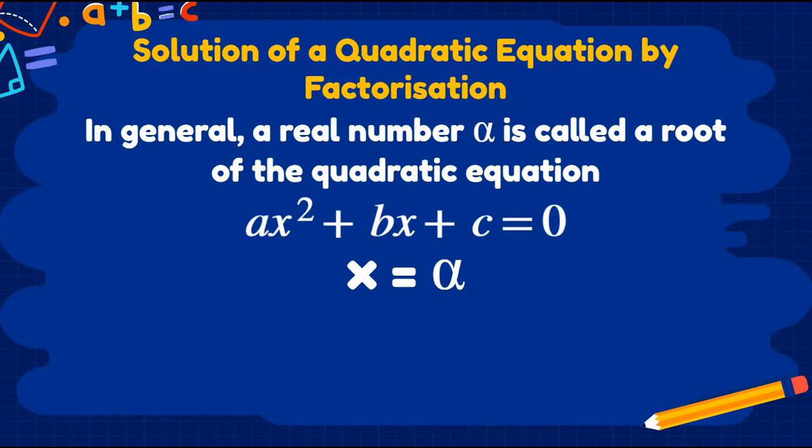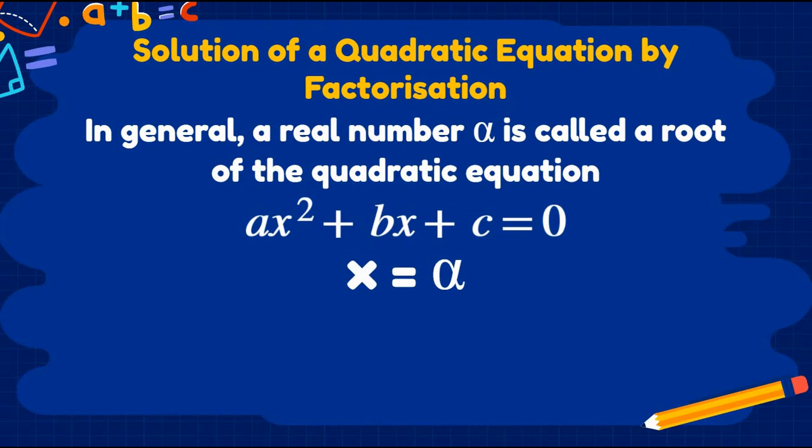So in general, a real number alpha is called a root of the quadratic equation ax square plus bx plus c is equal to 0, where a is not equal to 0, if a alpha square plus b alpha plus c is equal to 0. And we also say that x is equal to alpha is a solution of the quadratic equation, or that alpha satisfies this quadratic equation.